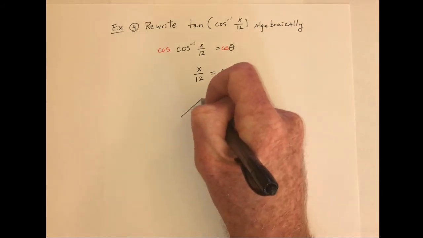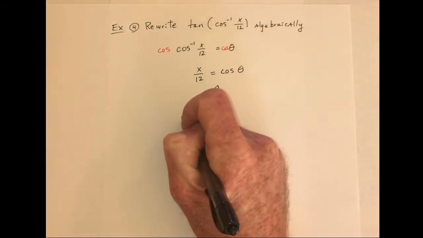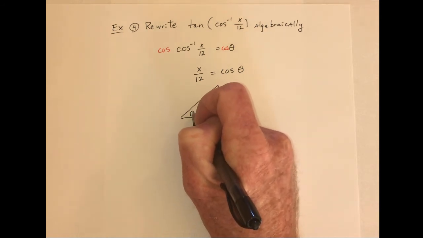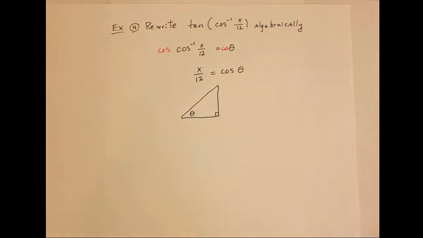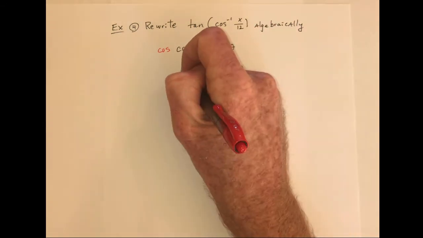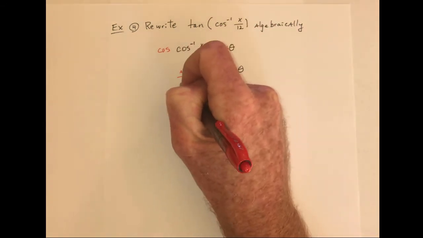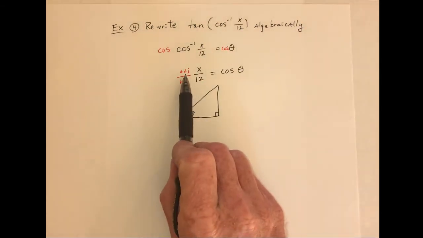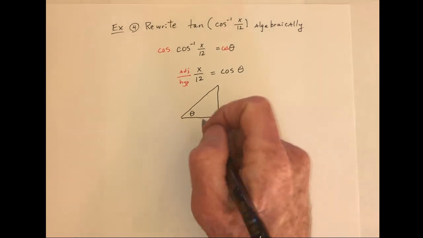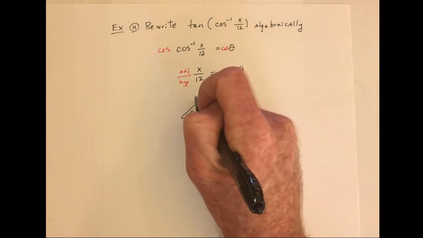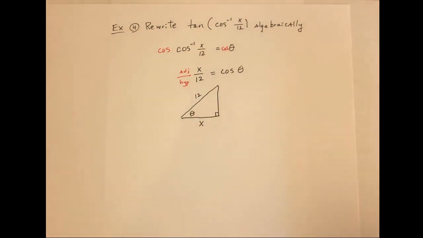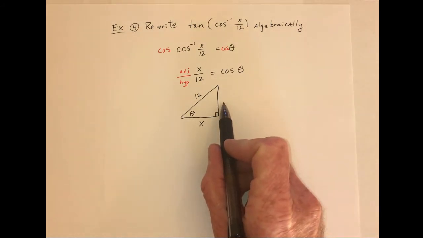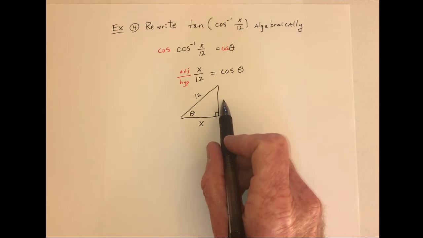And then you can go back to right triangle trigonometry, draw a right triangle, and this is going to be the cosine. And cosine is adjacent over hypotenuse. So that means the adjacent side has an x and the hypotenuse has a 12. And then we need to do the Pythagorean theorem to solve for this side. So we need a letter on this side.